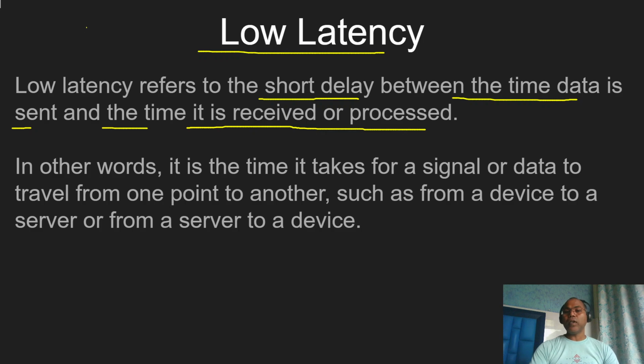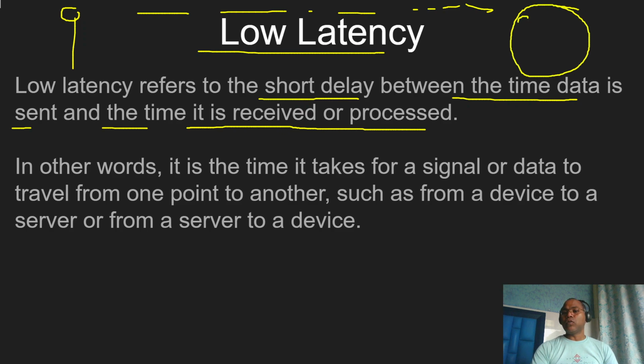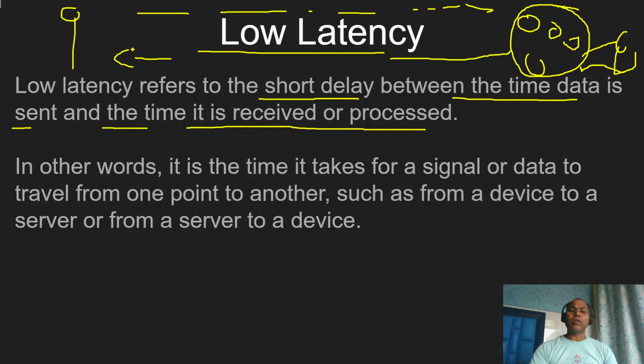Everything. Okay. So the user wants some data. How much time will it take on the network, then our application receives it, does some validation, authentication, authorization, processing, calls the database, gets the response, does processing again, and sends the response back to the user.